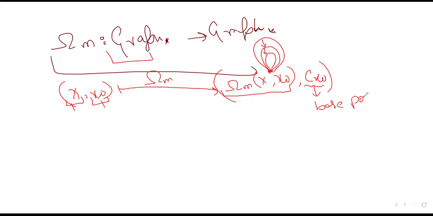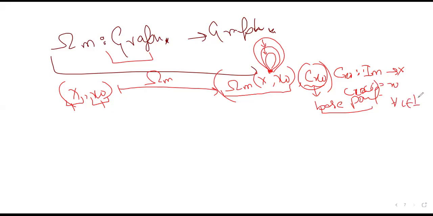Okay, this is the base point, meaning c x naught is a constant path from I_n to x, such that c x naught of i is equal to x naught for all i in I_n. Okay, meaning all the i's are sent to x naught, so we can say this is the constant path at x naught. Okay, this is the base point here.